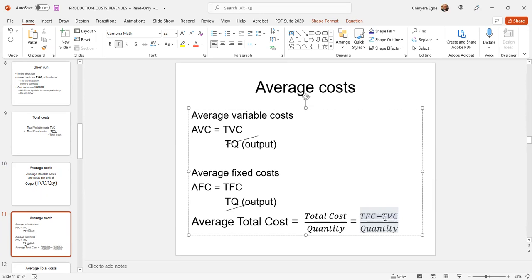An example will be, say, 10,000 divided by, say, 5,000. So average total cost will be 2.